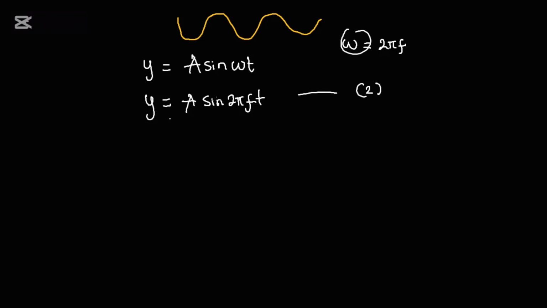Now to get our third equation, we need to expand further. Now in a wave, there might be a lead or a lag, and that's what we call phase difference. So we see this time quantity right here. This is what we're going to segregate to account for a lead or lag in time.